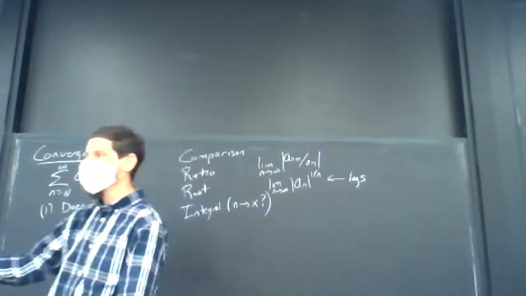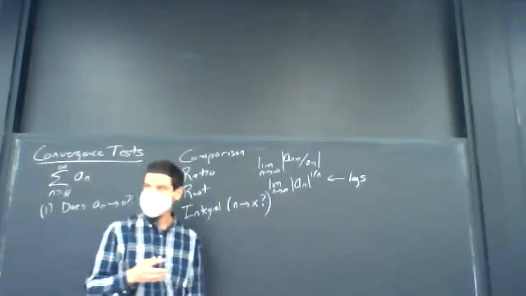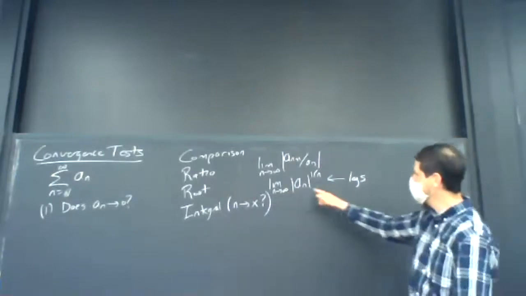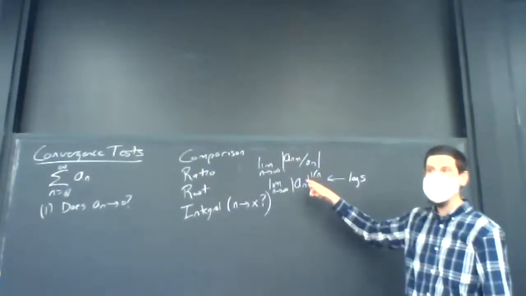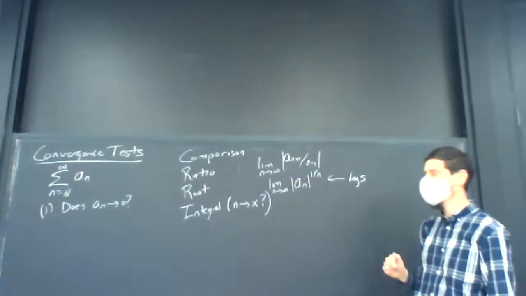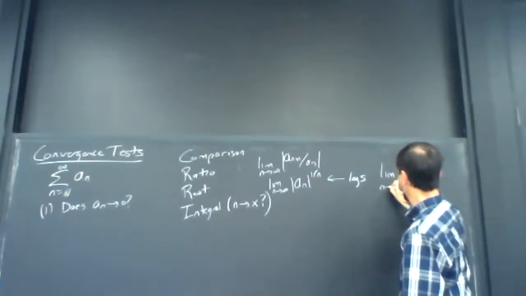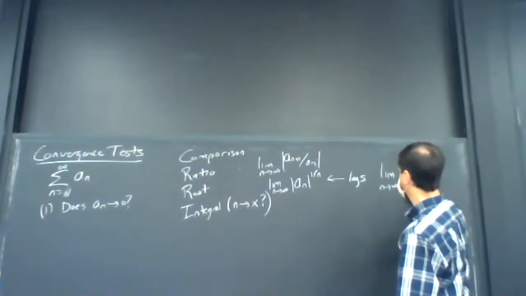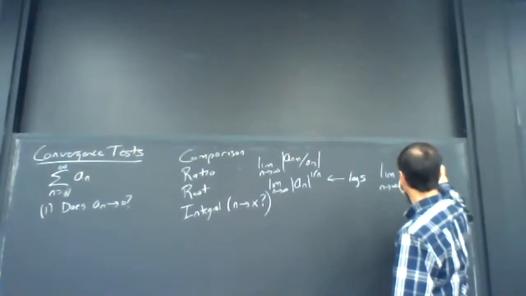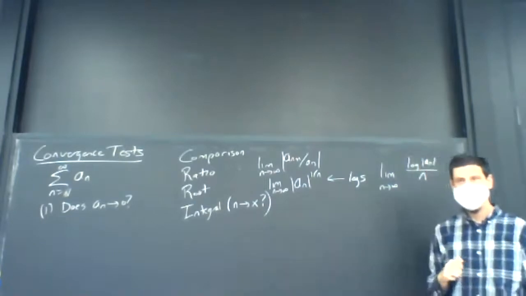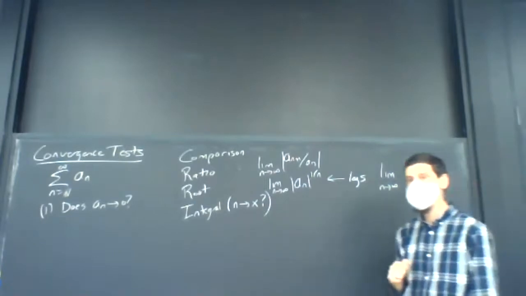If the logarithm converges to -1, then my quantity converges to e to the -1. So when I have a_n to the 1 over n, if this is hard to analyze, I can just take the log of everything, and I would have the limit as n goes to infinity of the log of the absolute value of a_n over n. And that might be easier to analyze.